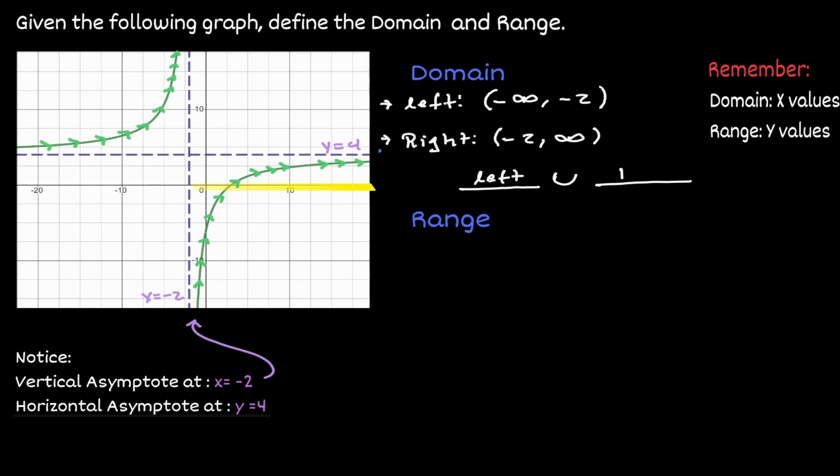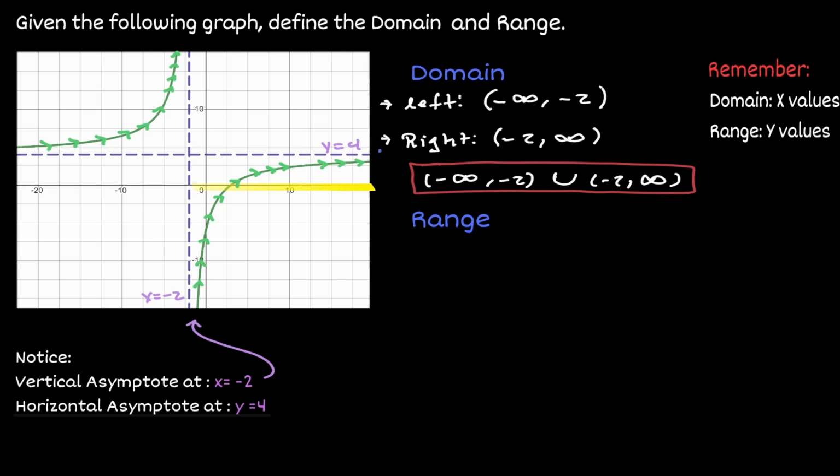And on the right-hand side, we will use the interval that is the most right-hand side. So on the left-hand side, we have the interval -infinity to -2. So that is the interval that we will write on the left-hand side of the U. And on the right-hand side of the union interval, we're going to write down the interval for the right-hand side of the graph, which is -2 to positive infinity. So we are done. We have defined the domain of this function.